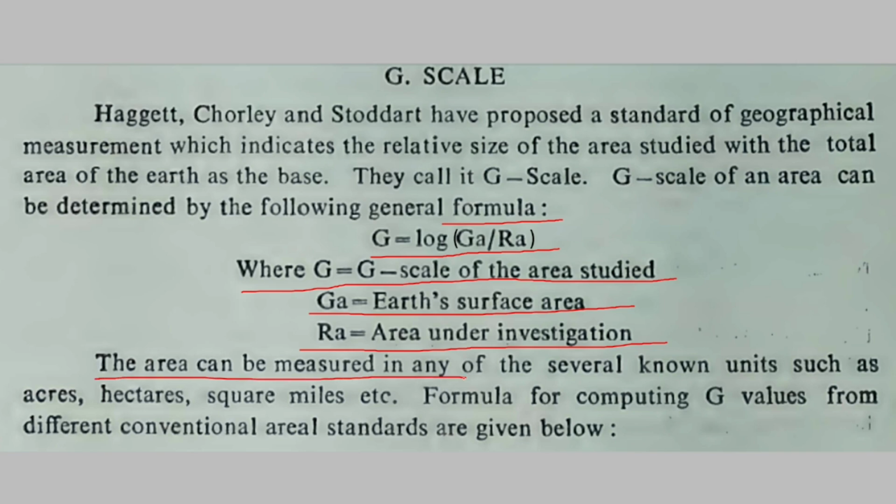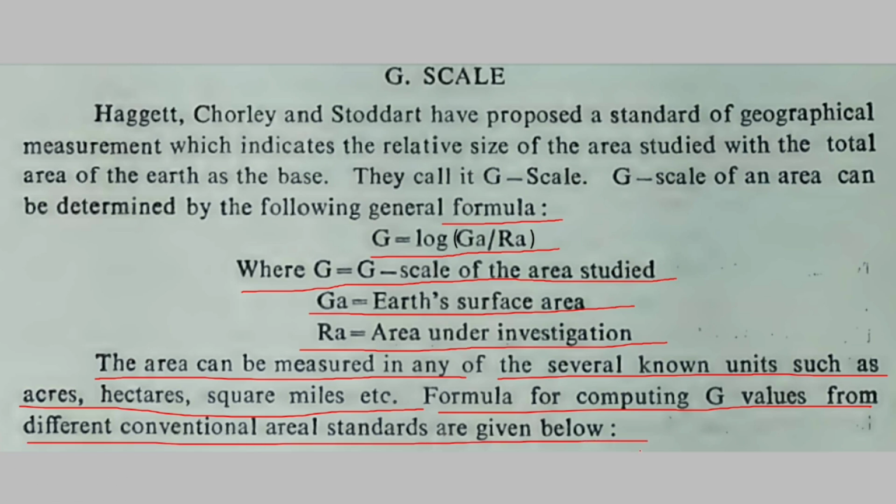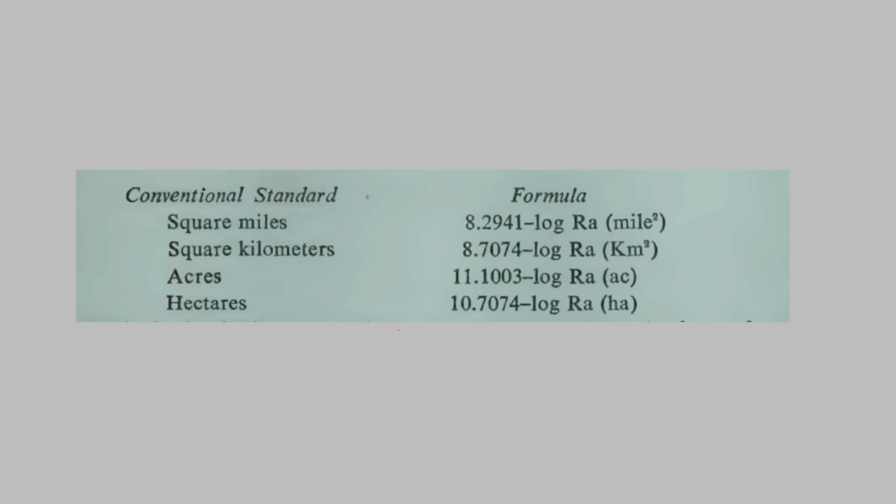The area can be measured in any of the several known units, such as acres, hectares, square miles, square kilometers, etc. The formula for computing G values from different conventional areal standards are given below. In this table, left column shows conventional standards and right column shows formula.